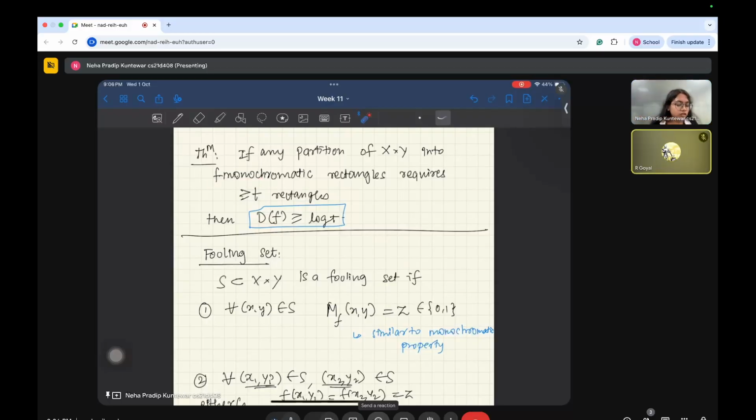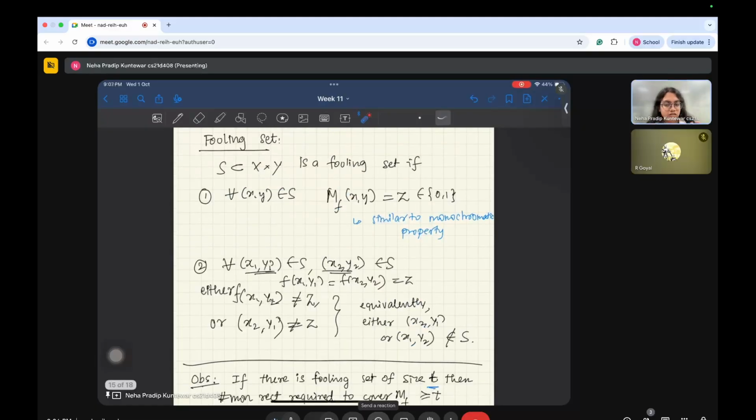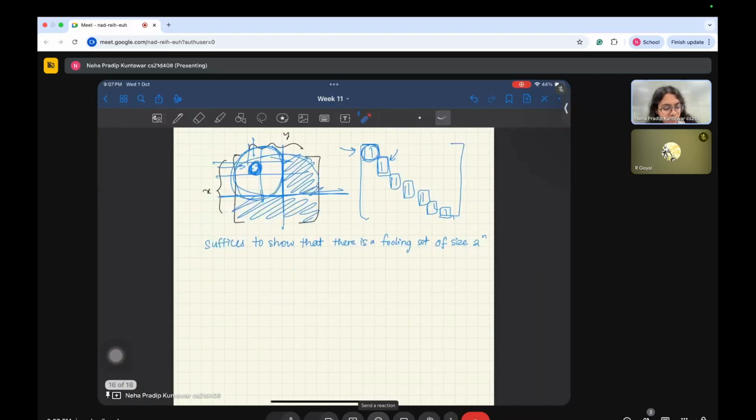But for the sake of our argument, which is the fooling set, you need to construct this set S which satisfies these two properties, that all of them evaluate to the same value.